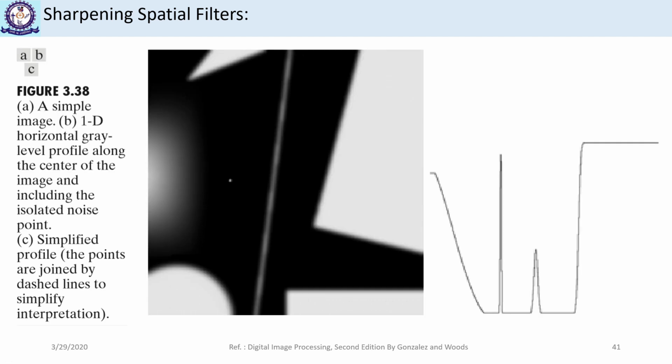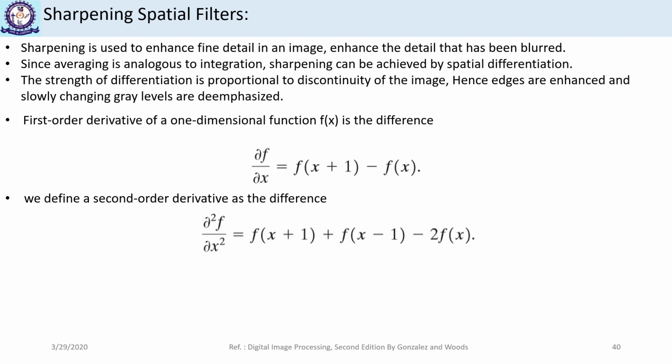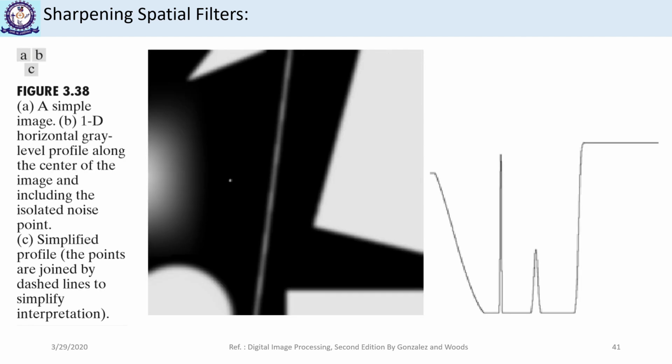Now moving forward, let us look at how we can apply these derivatives on image signals. Suppose this is an image of multiple objects. If I take the intensity along this line, we can see that the gray level is varying.